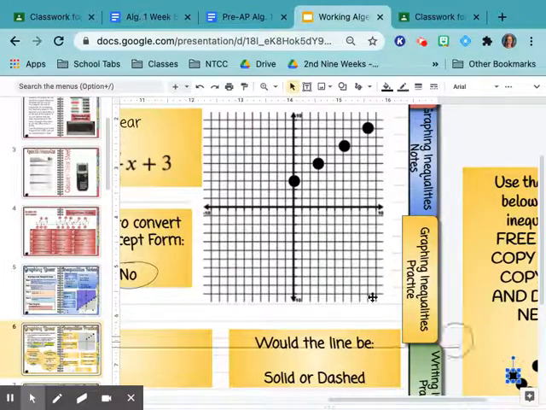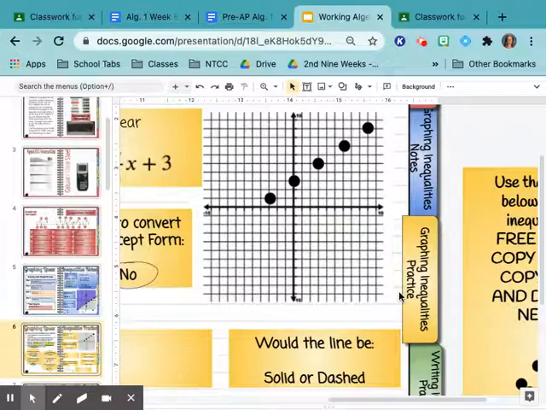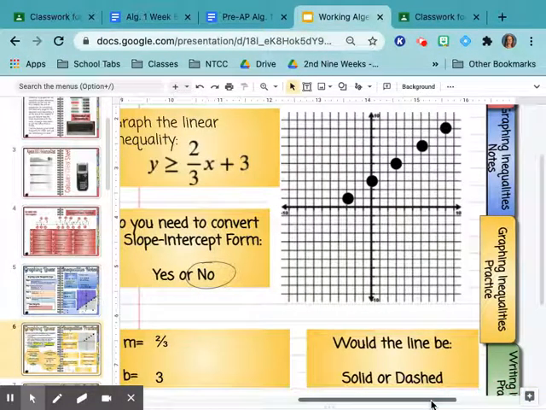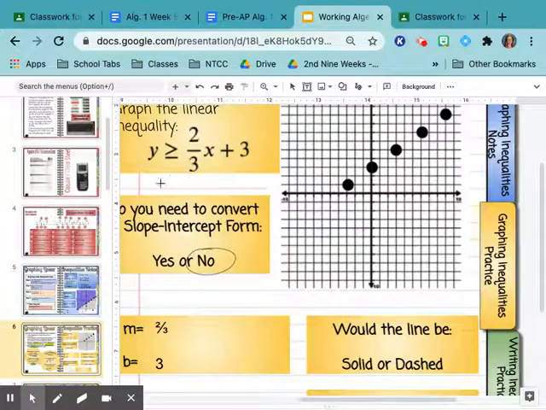If you wanted, you could go down 2, left 3 to get a couple more points. All right, so is this going to be dashed or solid? Solid, because it has that extra line right here. So that means it's going to be solid.